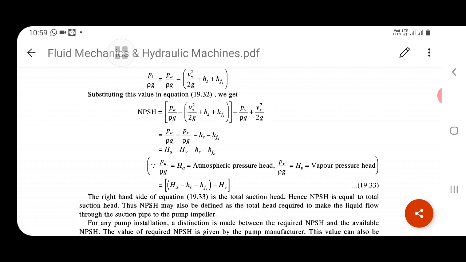So that is the total suction head. Hence NPSH is equal to the total suction head, and NPSH may be defined as the total head required to make a fluid flow from the suction pipe to the impeller.